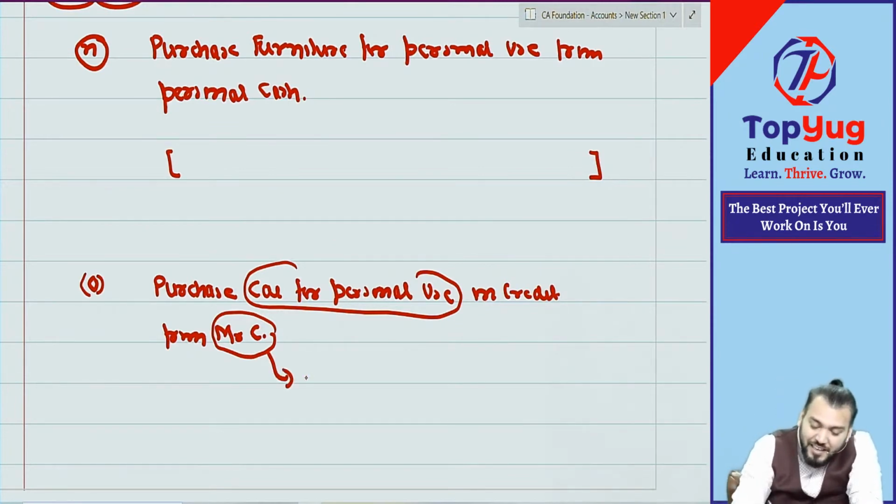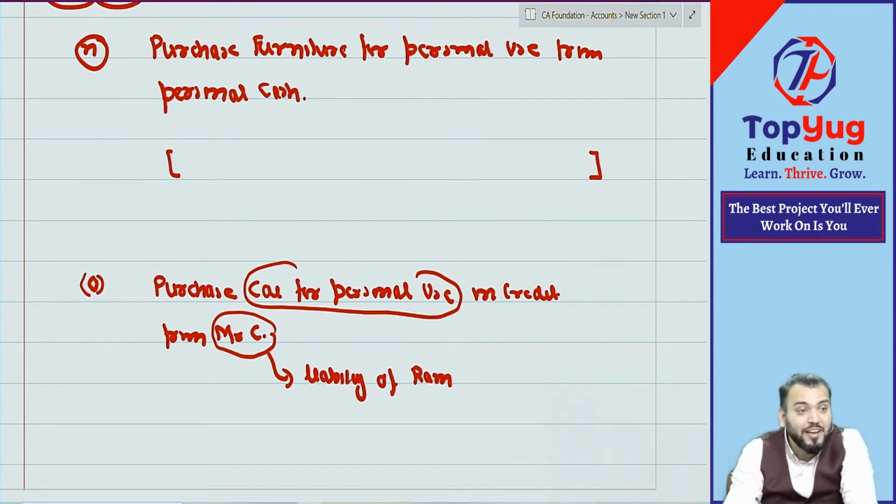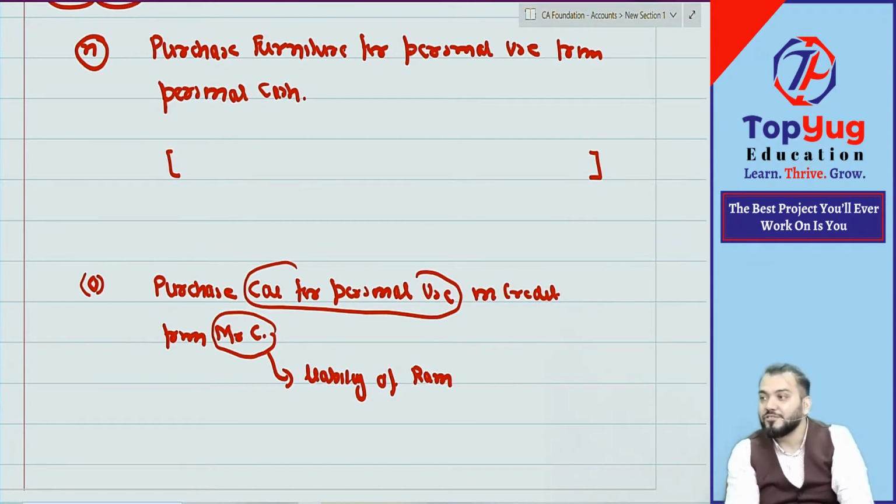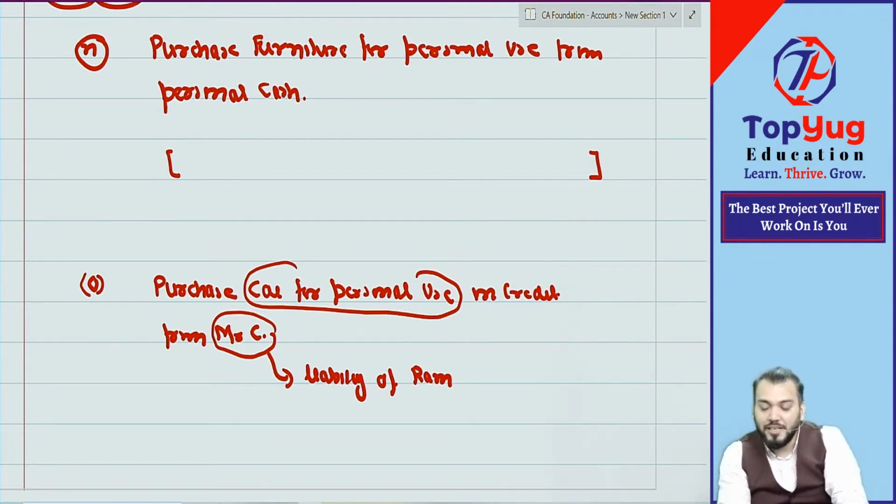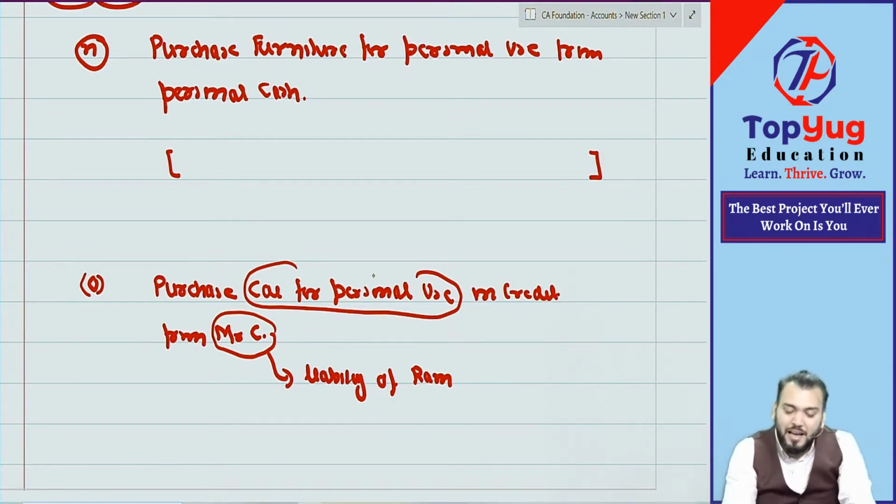Can I say it is a liability of Ram, not of Ram and Company? So it will not affect the financial position of the business. Understood? Now a little confidence has come. I just tried to confuse you with Mr. C, but you are not confused.